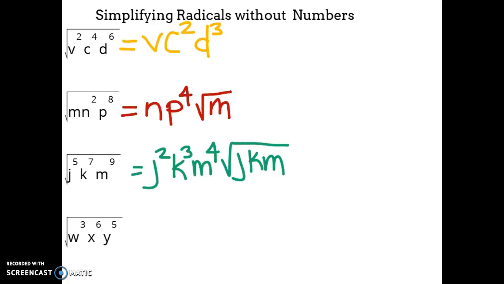Last one. 2 from 3 is 1. So there's 1 set here and 1 on the inside.